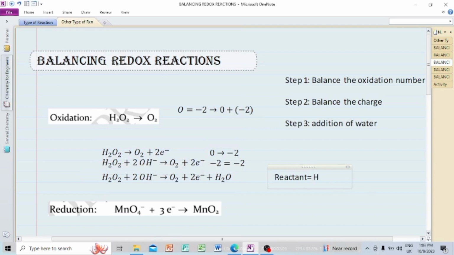So, ang H natin is equal to 4. For oxygen, we have 4 din.